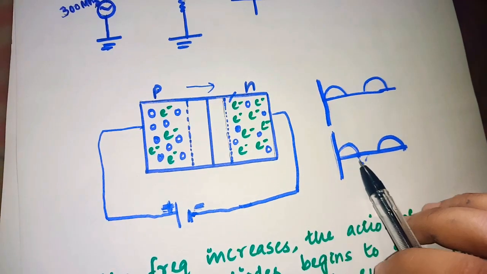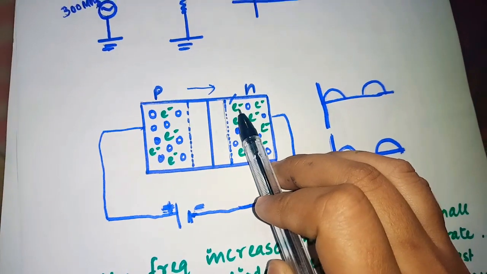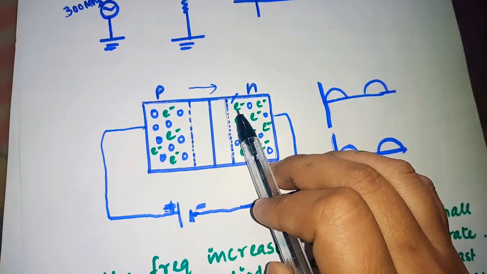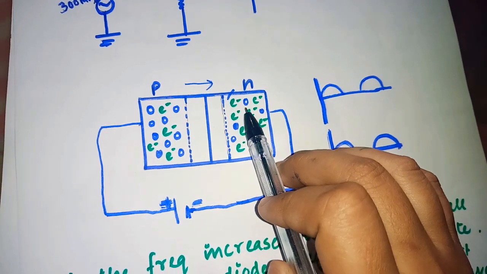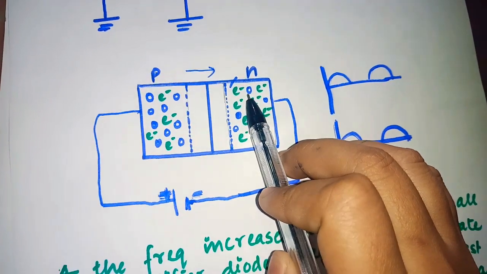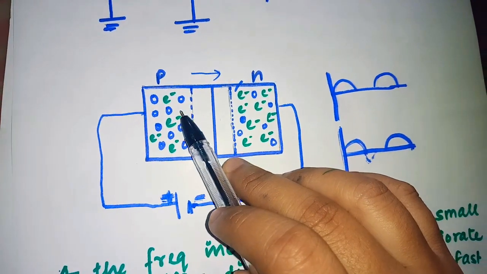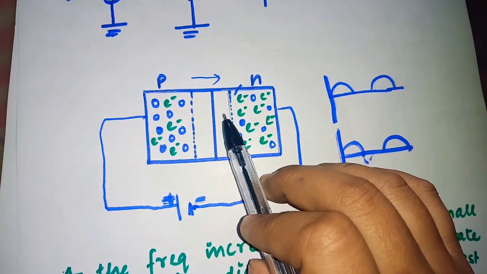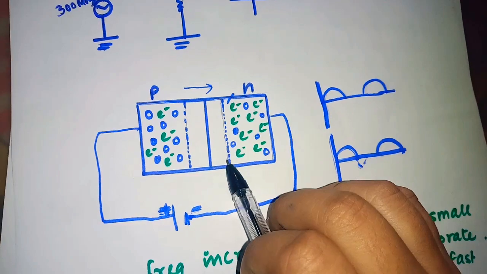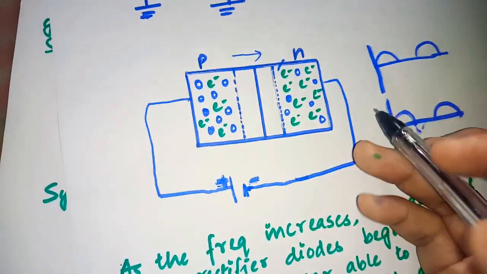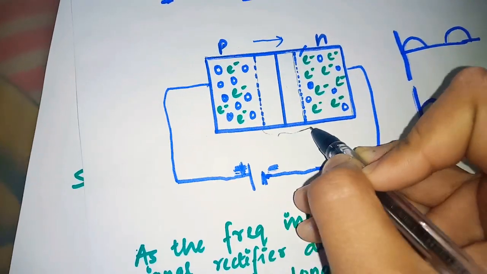But in reverse bias, the holes return to the P side and the electrons return to the N side.